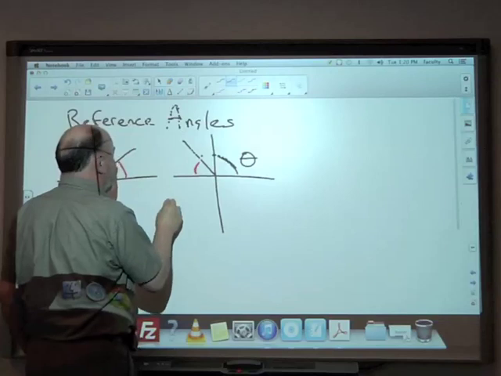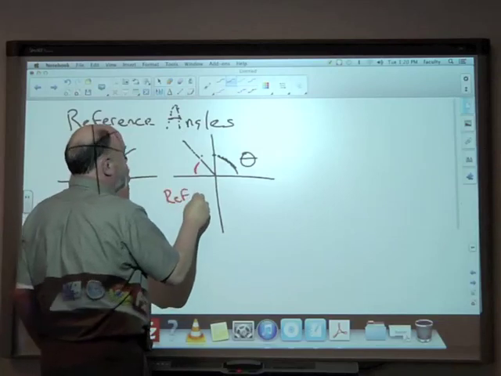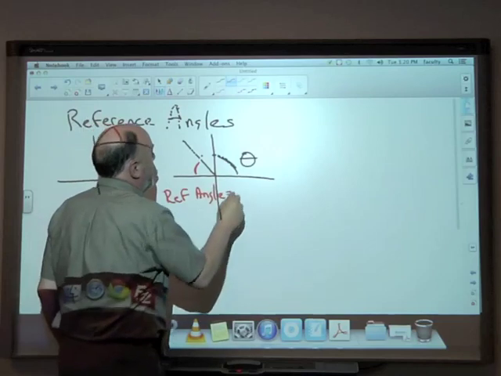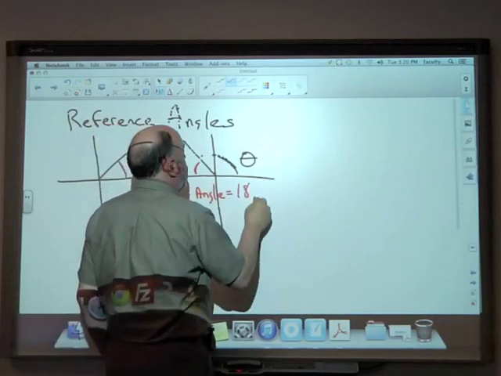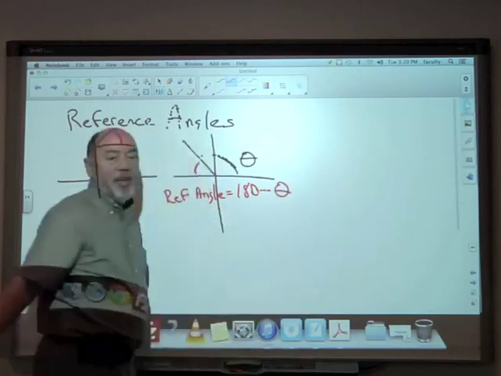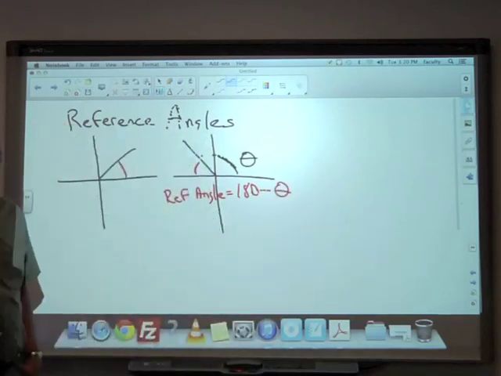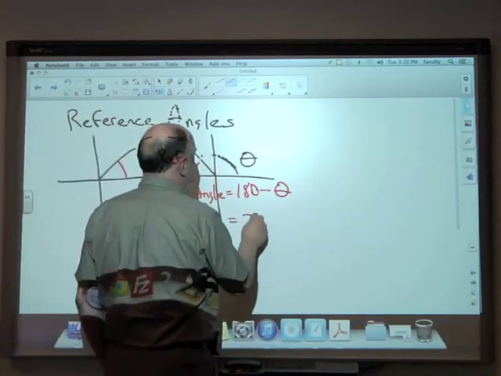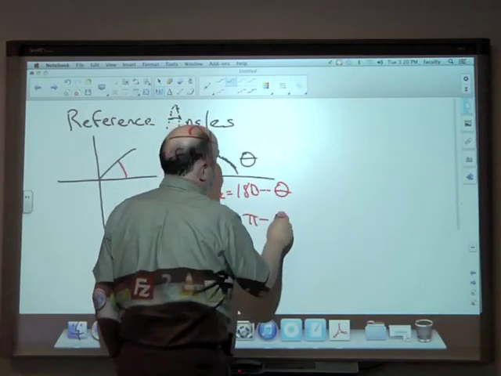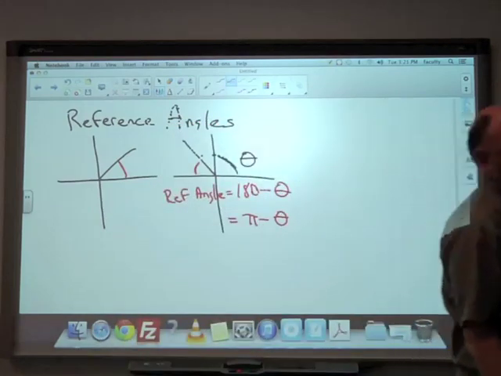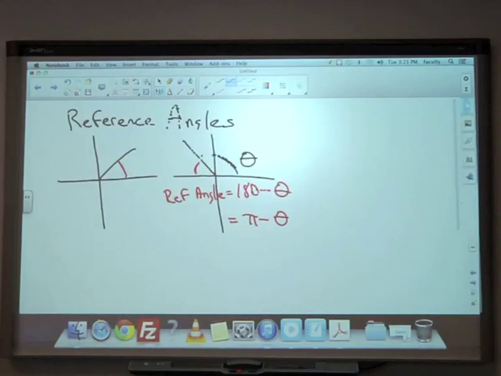So the reference angle is always to the x-axis. So my reference angle here is going to be 180 minus theta, okay, if it's in degrees. If it's in radians, it would be pi minus theta, okay? So the first one's degrees, the second one is if the angle's in radians. Should be able to do it either way. Okay?